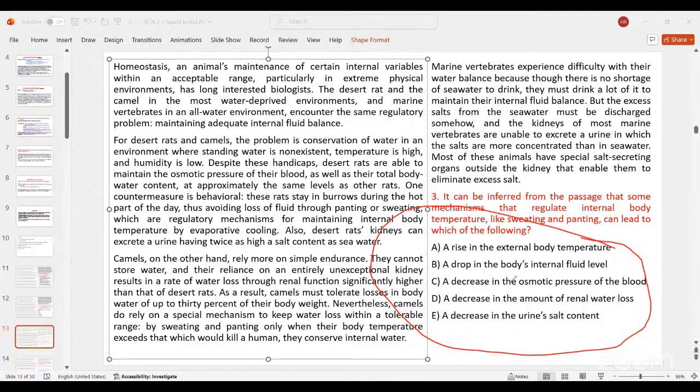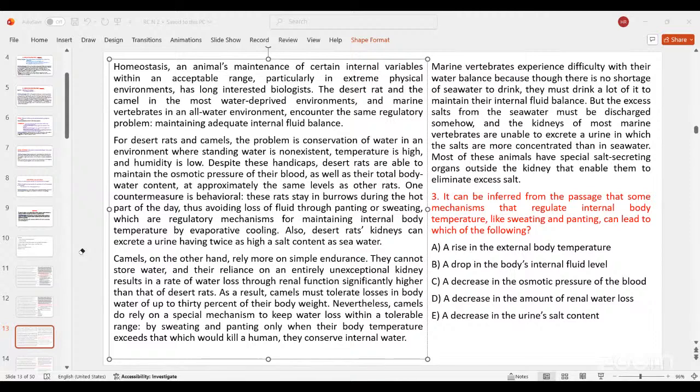Just have a look: A, B, C, D, E. B is the answer. Okay.